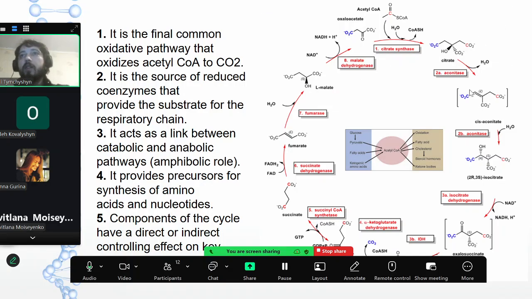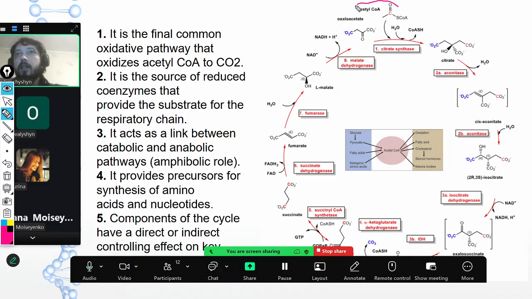So here's basically the Krebs cycle. Here you see the acetyl-CoA that enters the Krebs cycle, and then citrate synthase releases that coenzyme A and attaches this acetyl group to the oxaloacetate, generating a citrate.